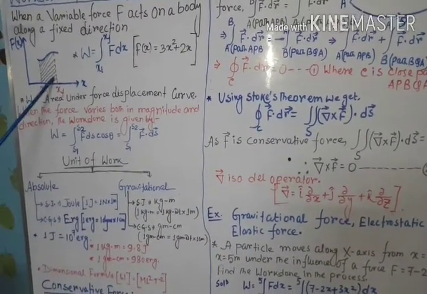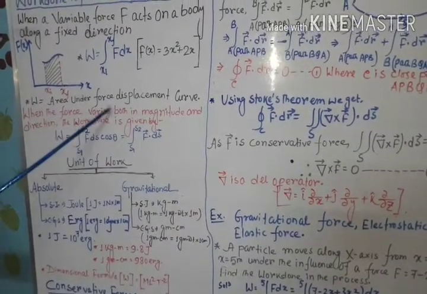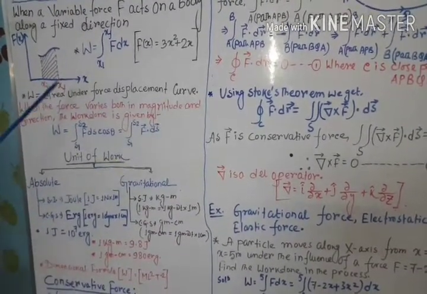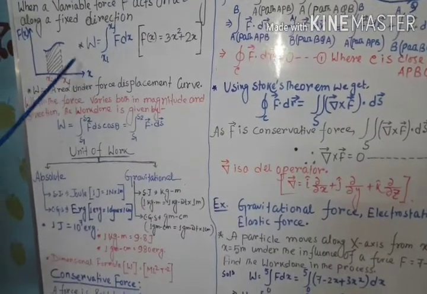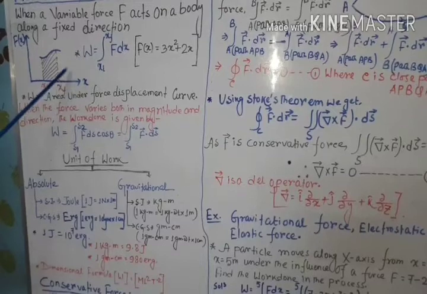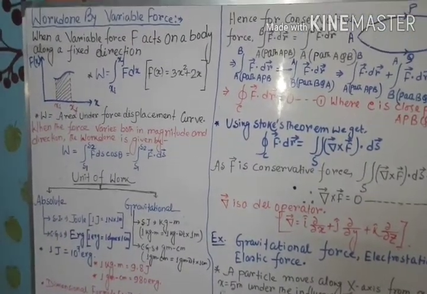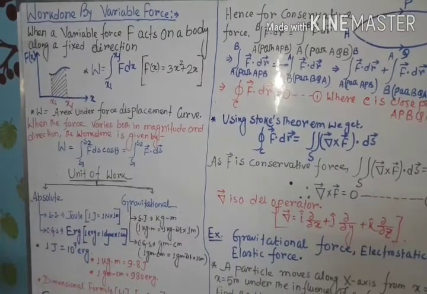Now, when the force varies both in magnitude and direction. In the two previous situations, we determined the amount of work done under a variable force acting along a fixed direction.